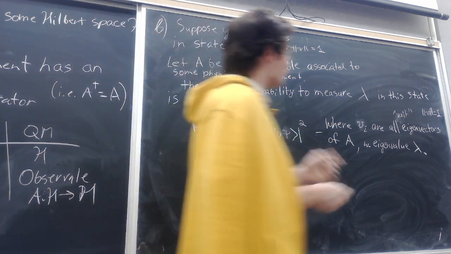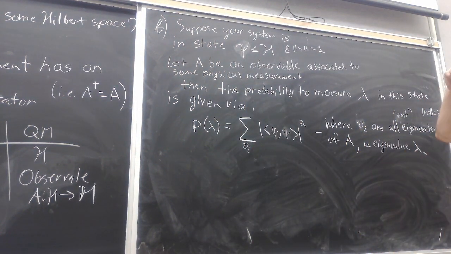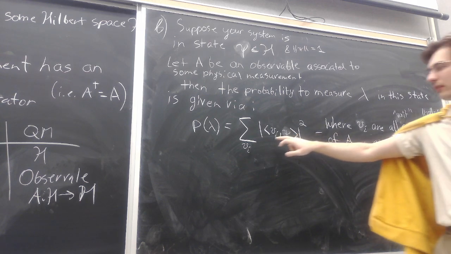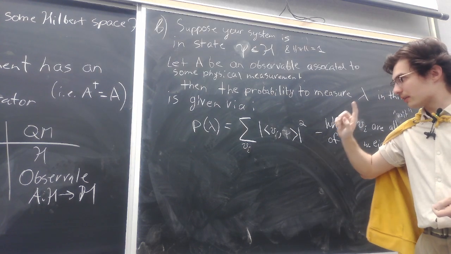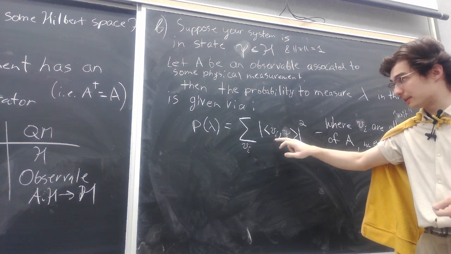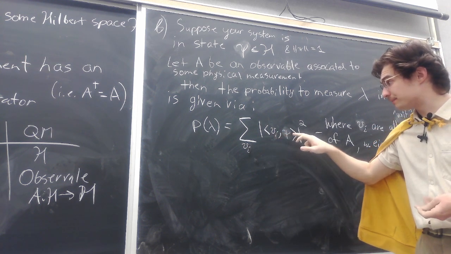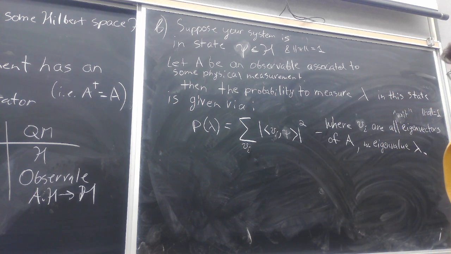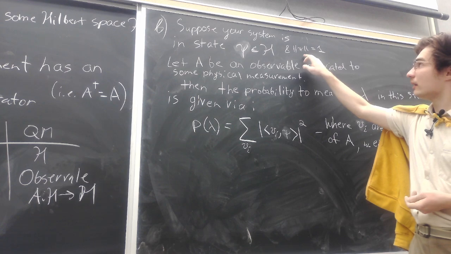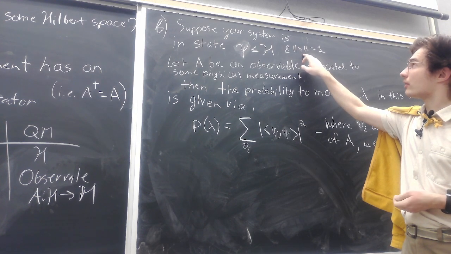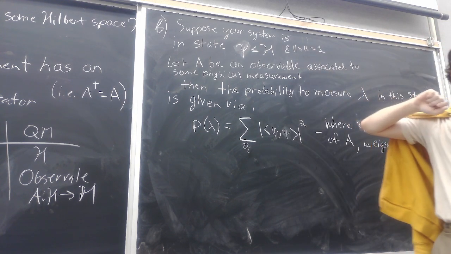Recall that I specifically said that the v_i are normalized eigenvectors. So I scale the v_i to 1, and I scale psi to 1, because psi has norm 1.